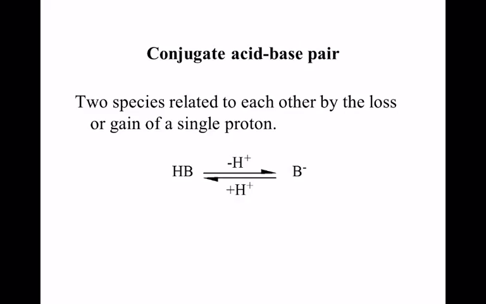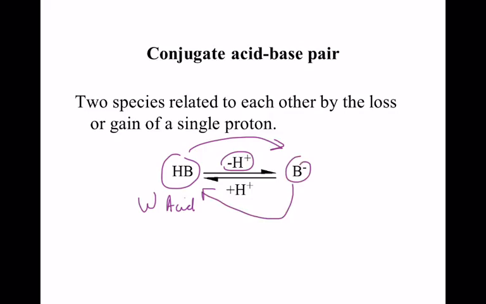And you would call them a conjugate acid-base pair. So does this make sense? This one, as it goes over there, donates a proton, so it's acting as the acid. I guess I could put weak acid because it's a two-way arrow. This one over here is accepting a proton, so we call this the weak base.